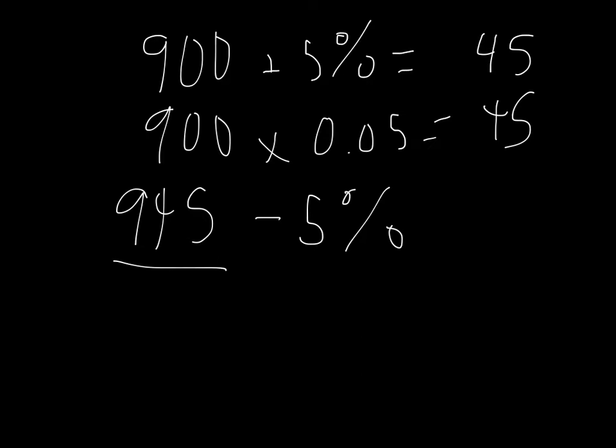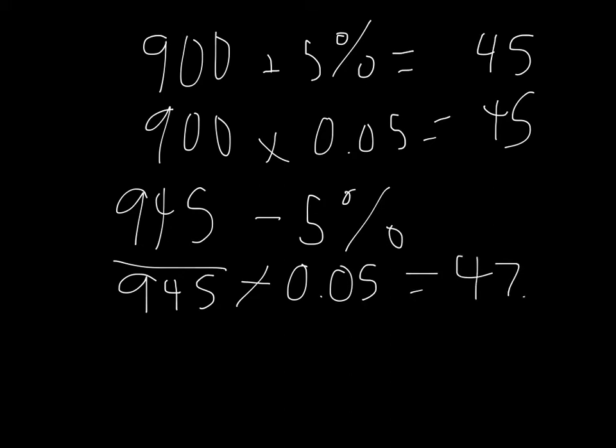So what is 5% of 945? Can someone do that with the calculator, please, quickly? Do 945 times 0.05. 47.25. 47 and a quarter. So he tried to sell it for $945. It didn't work.